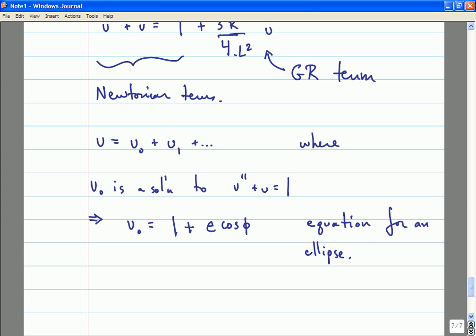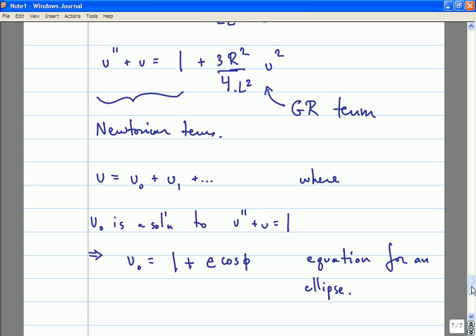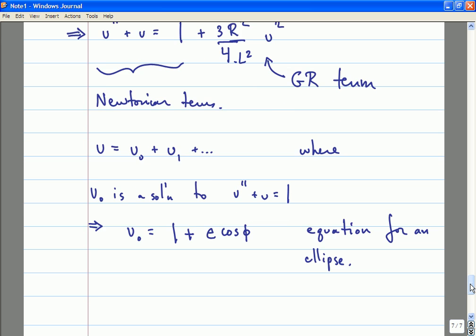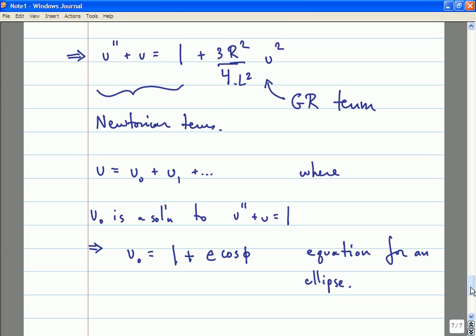And how do we go ahead and solve for u1? Well, the left-hand side of this equation is linear, so we can just expand to next order in our perturbation expansion to get a differential equation for u1.